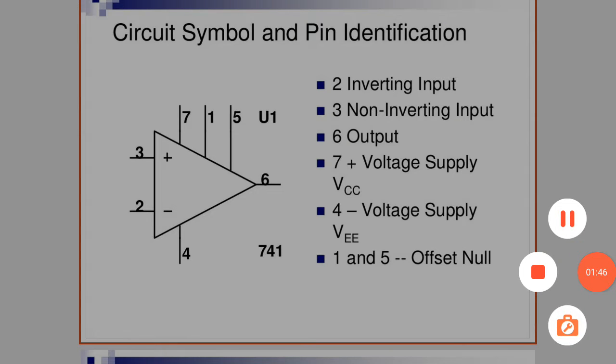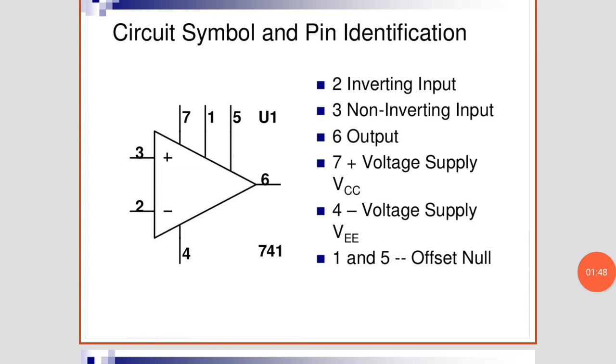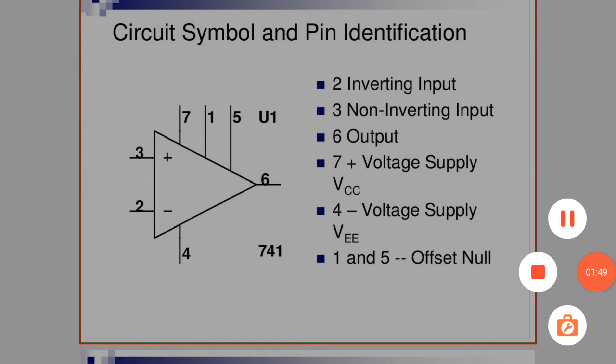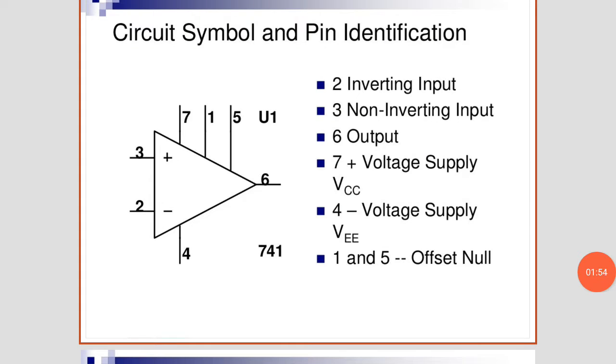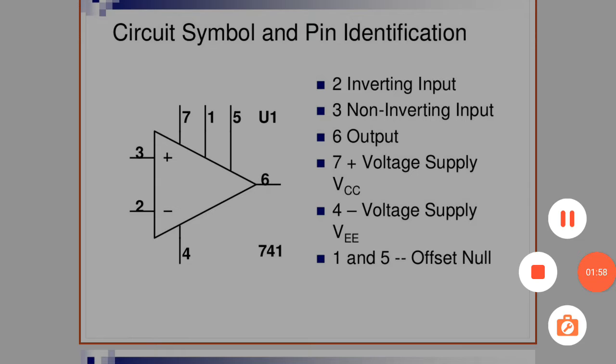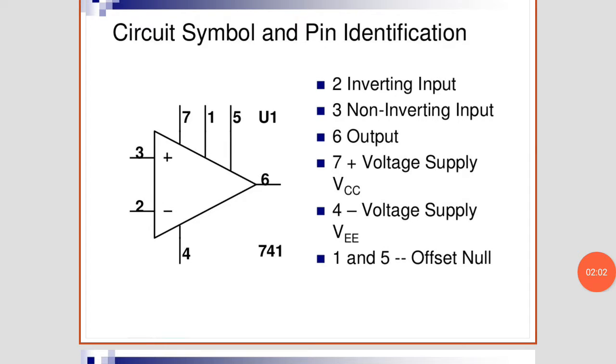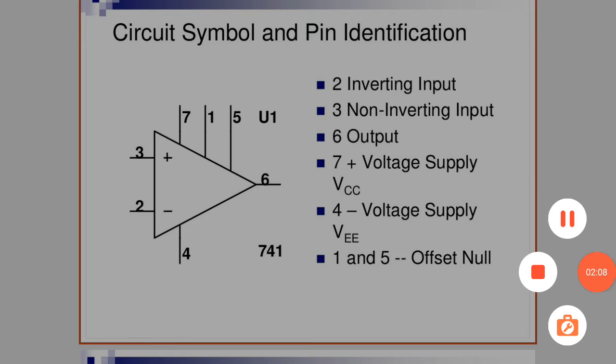After that, pin 7 has the positive voltage VCC, then the negative voltage VEE is applied to pin number 4. Pin number 6 is the output voltage, 2 is the inverting input, 3 is the non-inverting input, 6 is the output, 7 is the voltage supply VCC, 4 is the negative voltage supply VEE, and 1 and 5 are offset null.